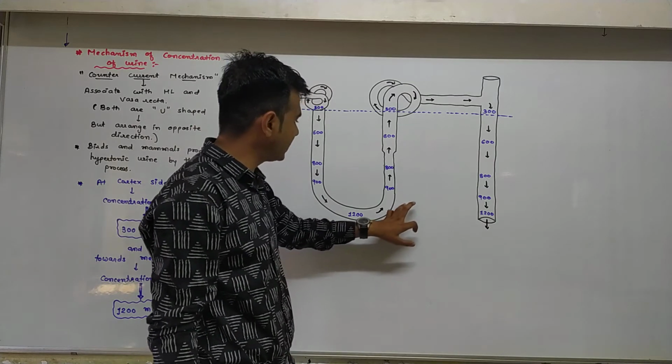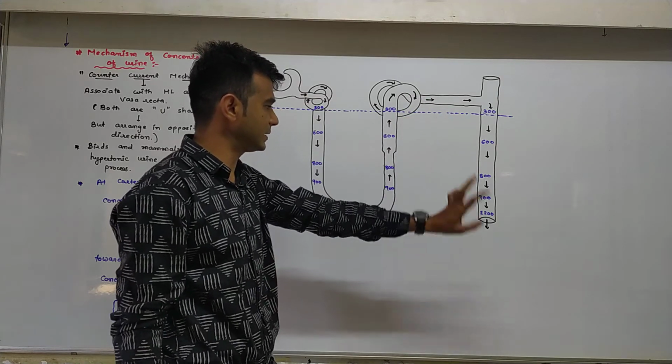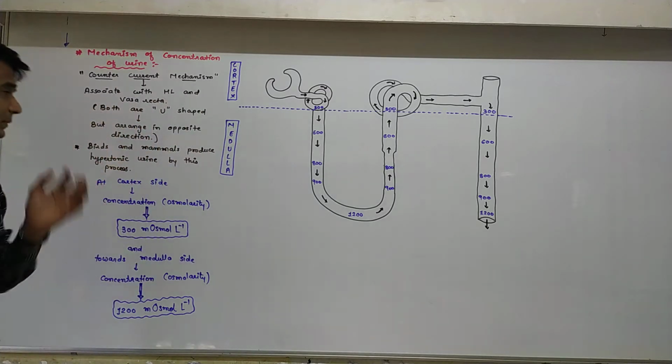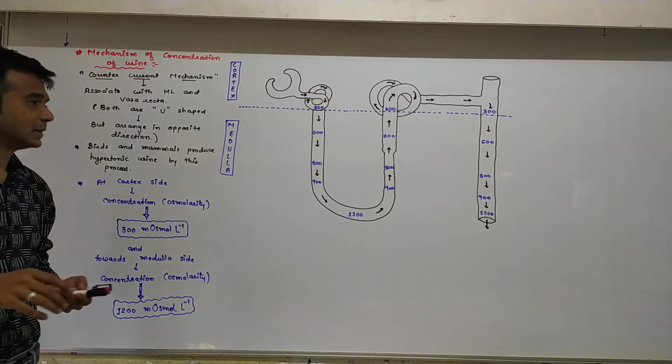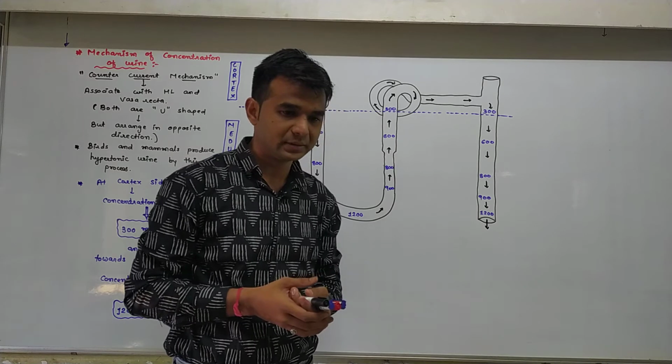Then when it moves in the upward direction, concentration decreases, and again concentration increases. I can do the vasa recta later on. I want to revise the previous lecture.